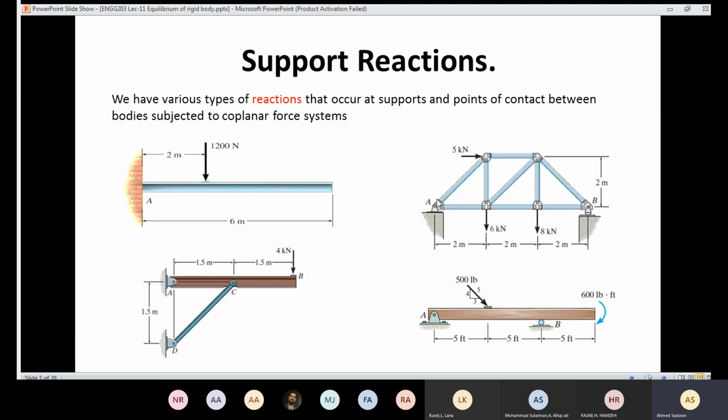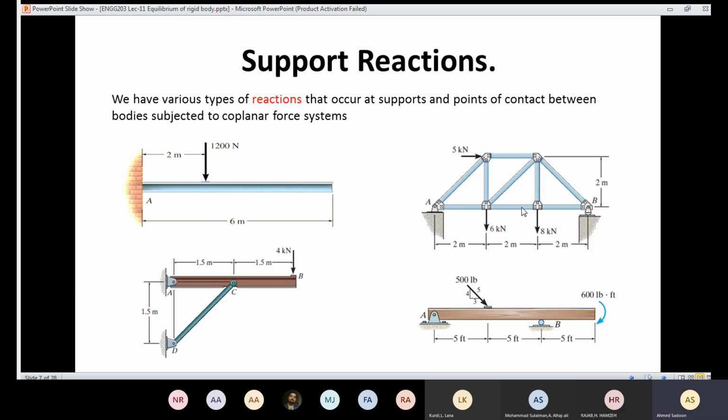Normally you are going to use a truss as a bridge in order for the people and the cars to move from that side to that side. And for example, if we don't provide support here, what do you think will happen? Then the bridge, or the truss, is going to go down here.